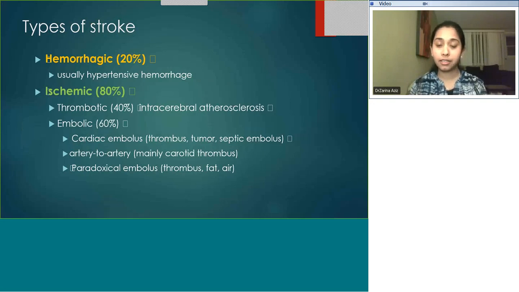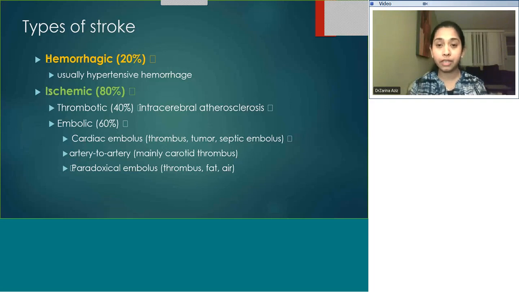is the cause of stroke in 40% of the cases, and the majority, that is 60% of the cases of stroke, happens because of an embolic phenomenon. That means the thrombus travels from some remote area, comes and blocks the vessels of the brain, and these could be from the cardiac embolus.